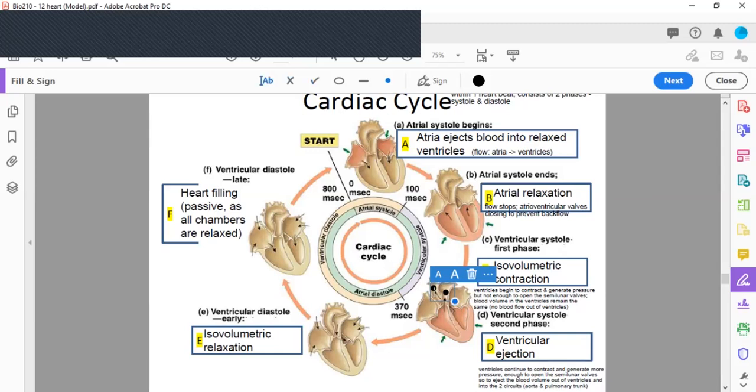Very good. Let's move on to letter E, ventricular diastole, and we know diastole means relaxation.